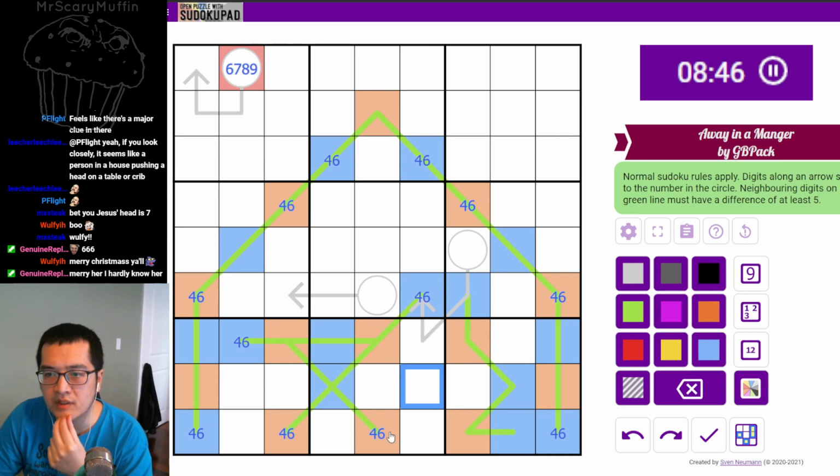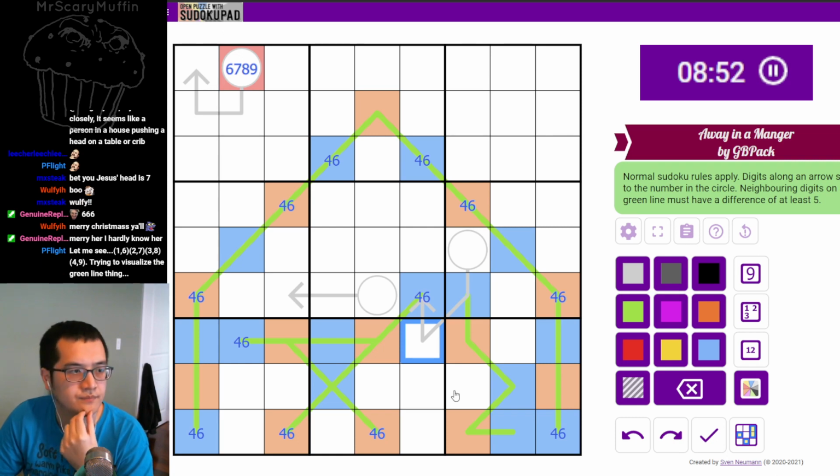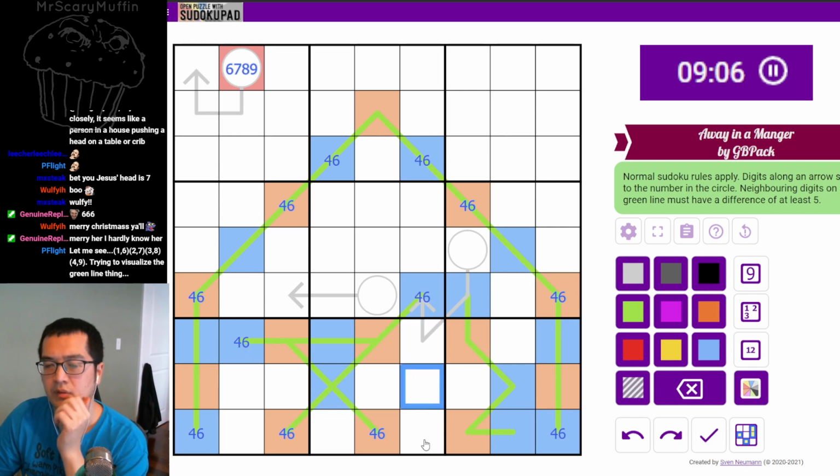I want to get rid of the 4s and 6s because they're kind of confusing me for a bit there. Okay, well, at least we disambiguated the polarities amongst the 3 sets of the green lines, which is great.